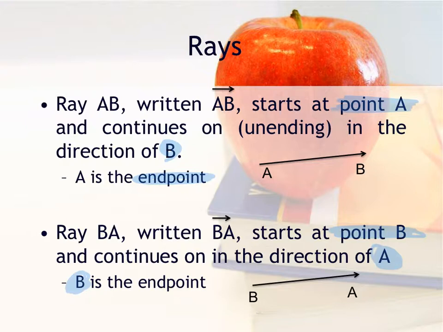Notice the two pictures. The first picture has ray AB. Notice it starts here, there's no arrow, and it goes to B and continues on forever. However, for this ray, the endpoint is B, and then it points towards A. So the order of the letters is important for rays.